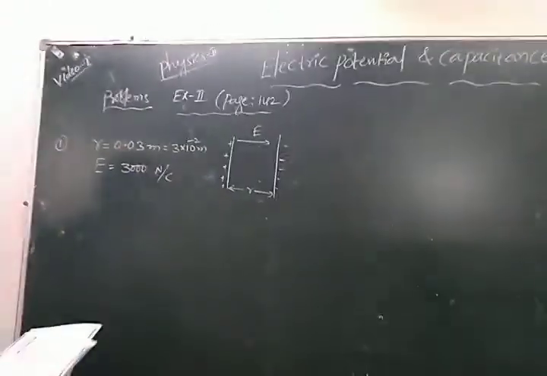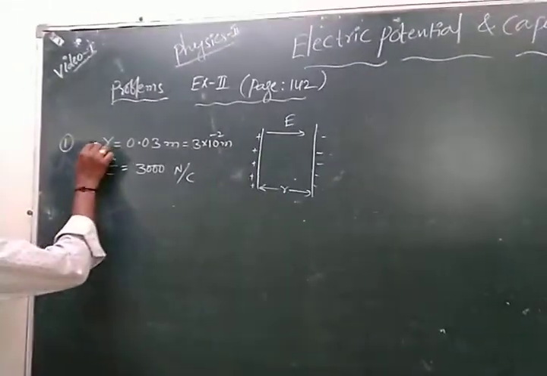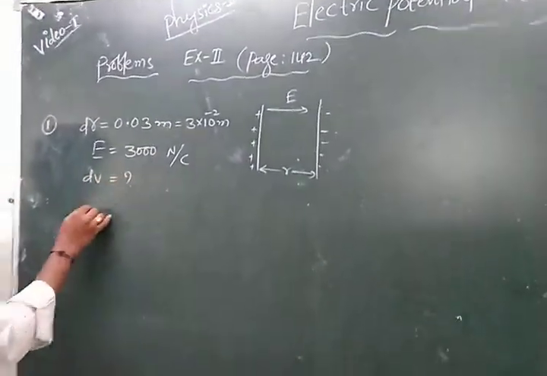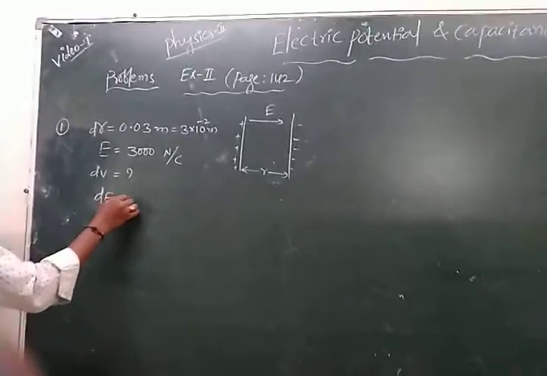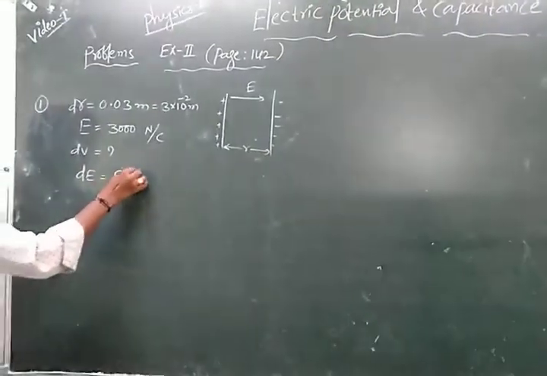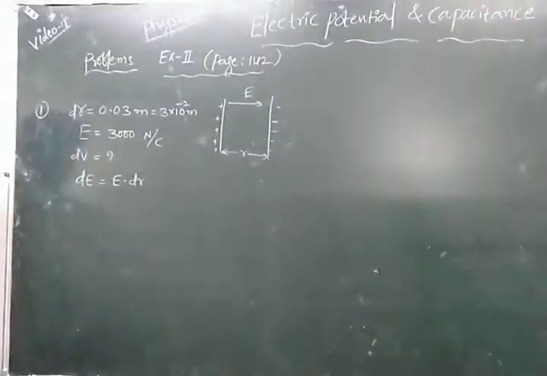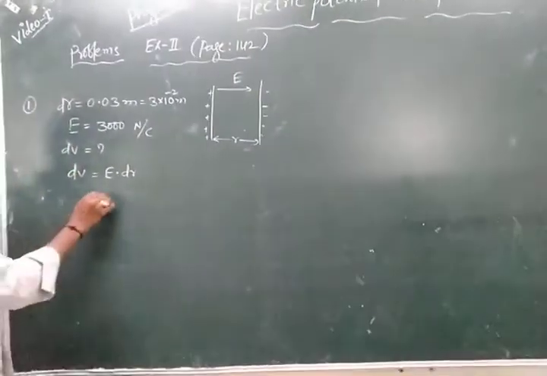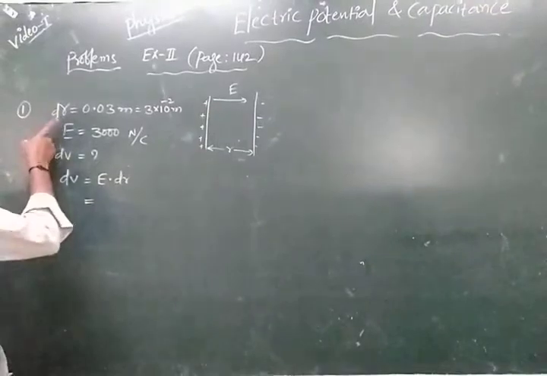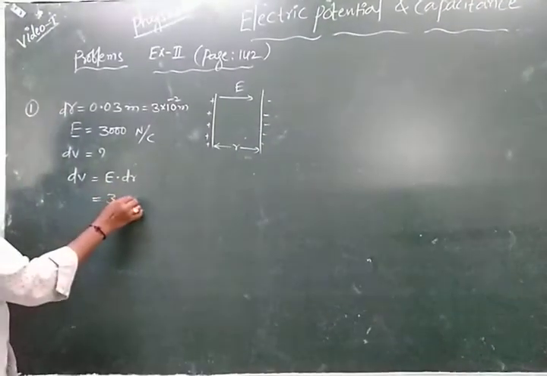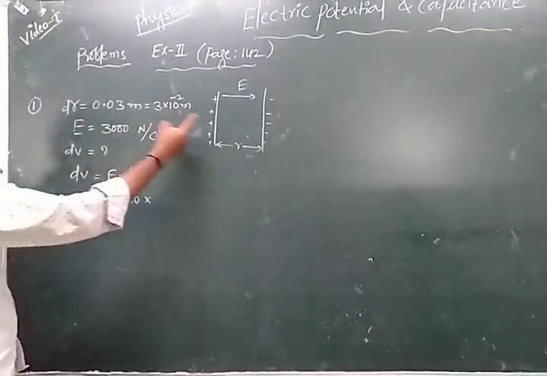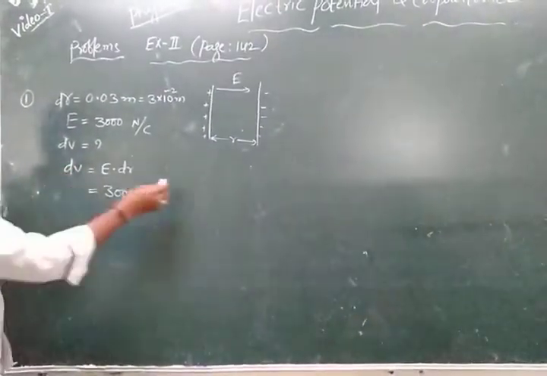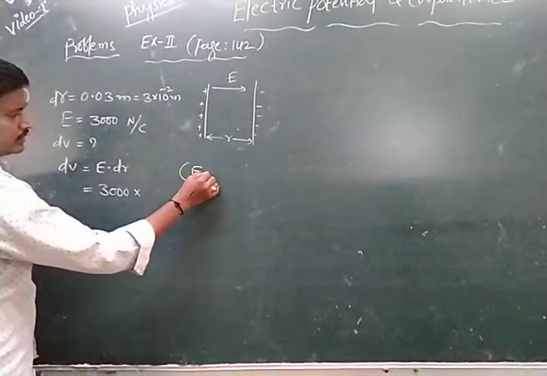Calculate the potential difference, here dV. What is the formula? dV is equal to E dot dr. Here, E value is 3000 into dr, the separation between the plates. Actually V is equal to E d.